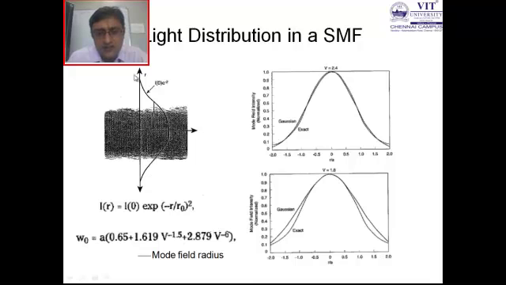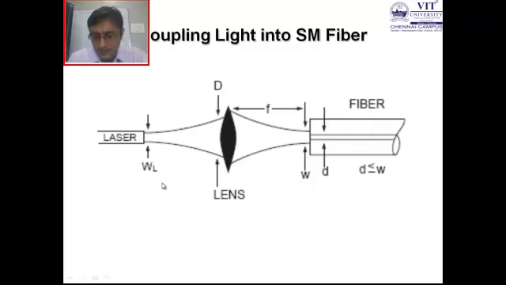Mode field radius and optical intensity are exponentially connected. Now this is a general coupling mechanism which we employ to have the light guided into the fiber. Laser, you have a lens which can guide the light into the fiber.